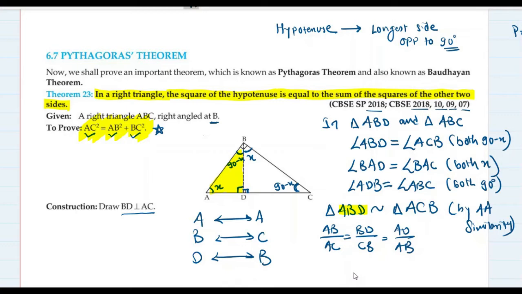Out of these three ratios which we have proved equal with the help of CPST, select those ratios in which one of the numerator and one of the denominator are equal. So if I see these ratios, I feel AB by AC and AD by AB is the right choice. Why? Because in the numerator here in the first ratio we have AB, in the denominator we have AB.